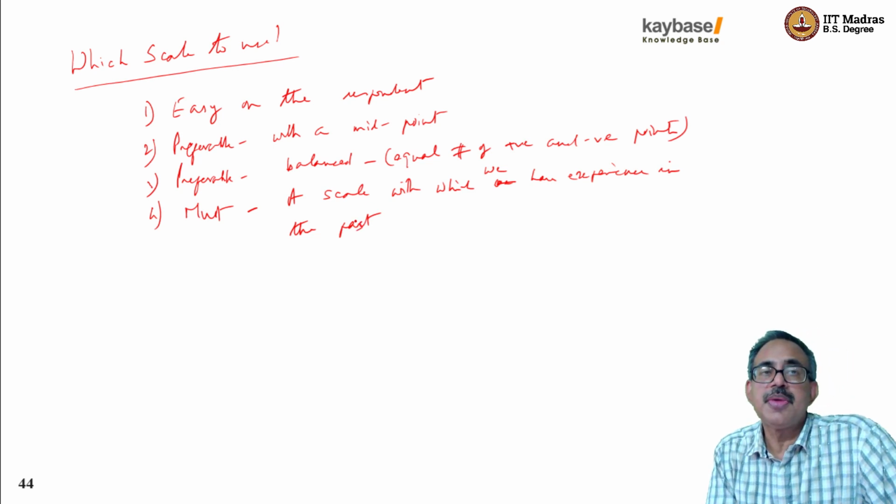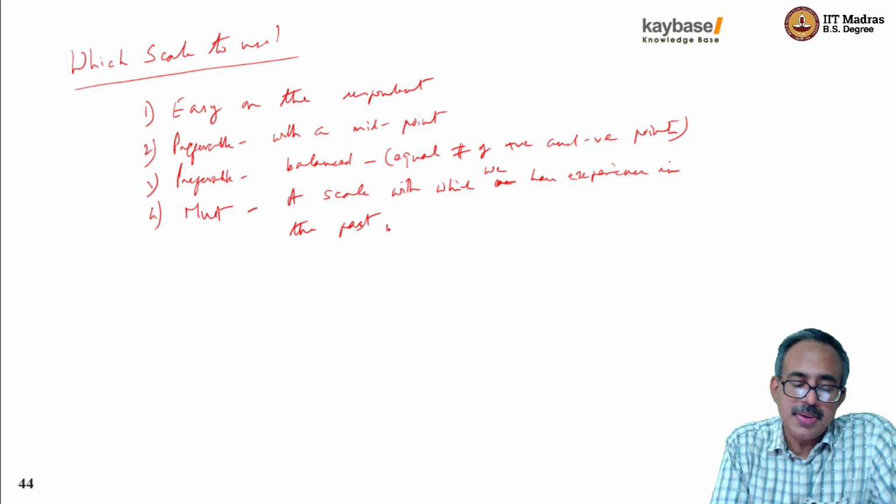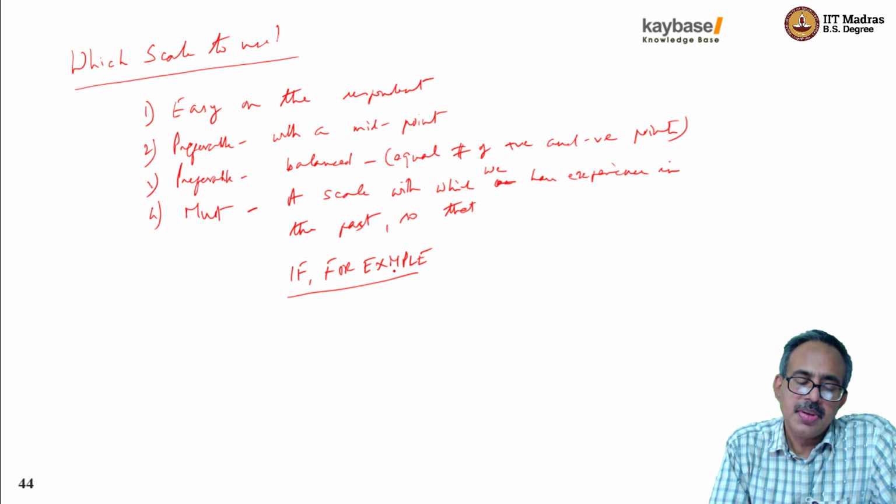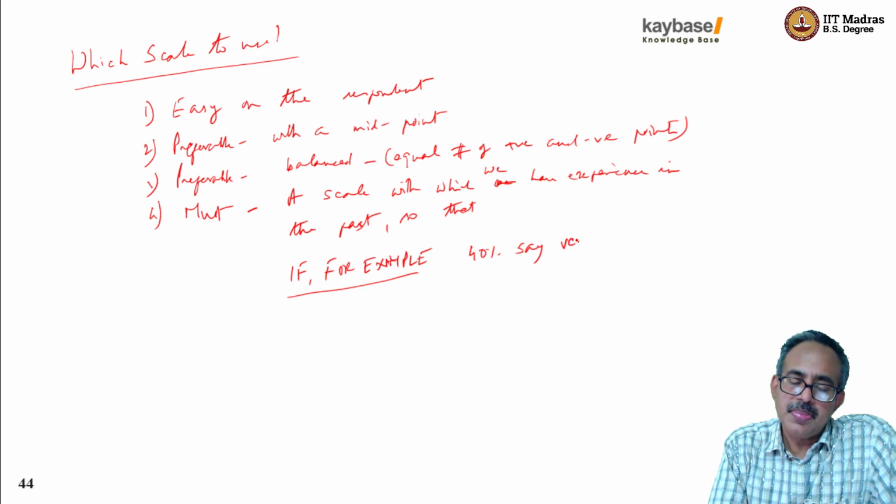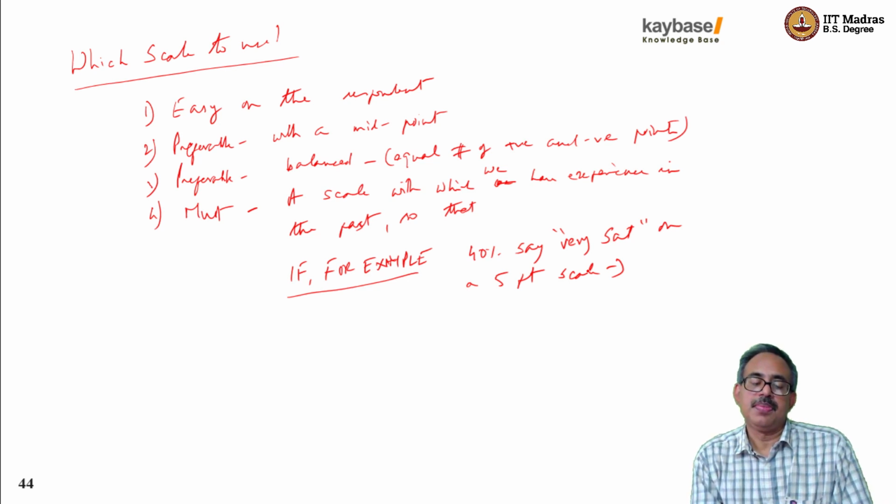A scale with which we have experience in the past, so that if, for example, we get a percentage saying very satisfied on a 5-point scale, we can compare with the past.